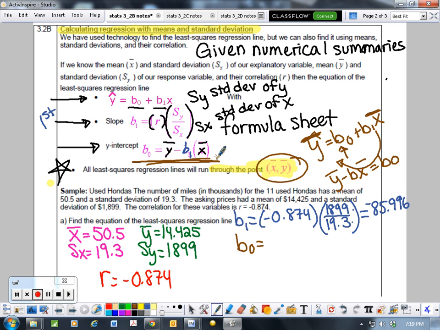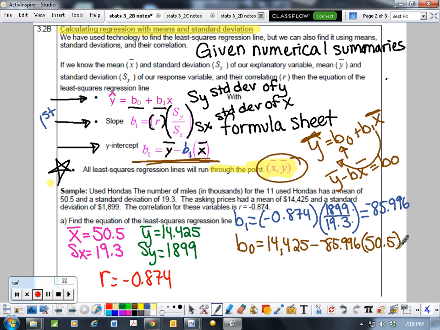So let's go ahead and figure those out. Our mean for y, 14,425, or 14,004, comma. That's not a decimal point, that's a comma. And then minus negative 85.996 times my x bar, 50.5.